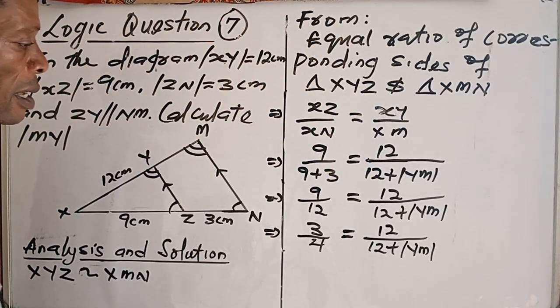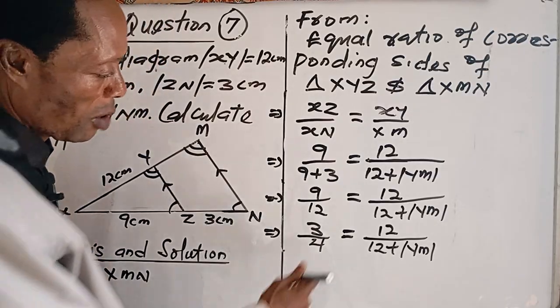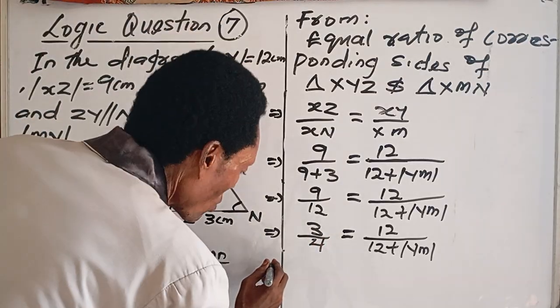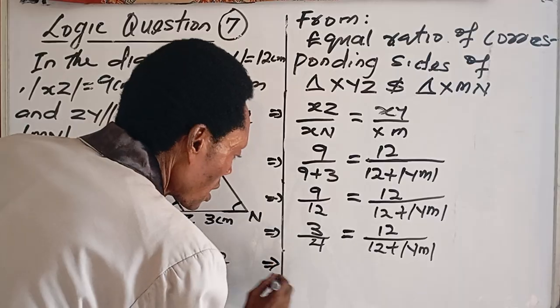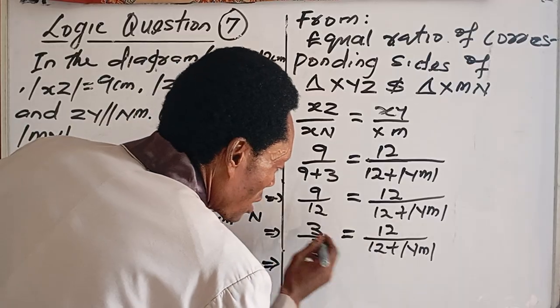Now, what do we do next? We cross multiply.